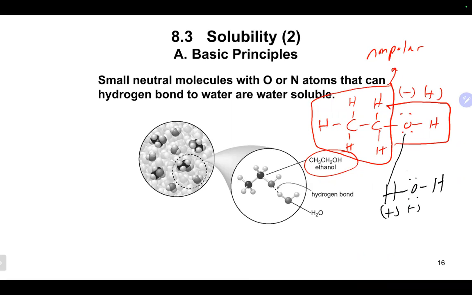So that's going to make something like ethanol soluble in water because of the presence of that OH group. Solubility really does start to decrease as this nonpolar part gets larger. Usually around 5 or 6 or more carbons, solubility drops way down.